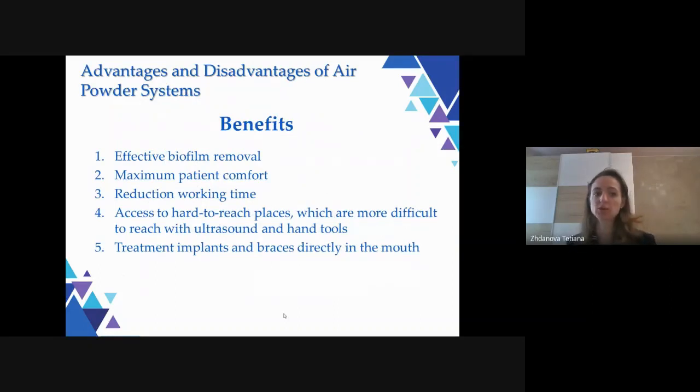And what advantages and disadvantages of the air powder system do we have? Benefits: effective biofilm removal, maximum patient comfort, reduced working time, access to hard-to-reach places, and treatment of implants and braces directly in the mouth.